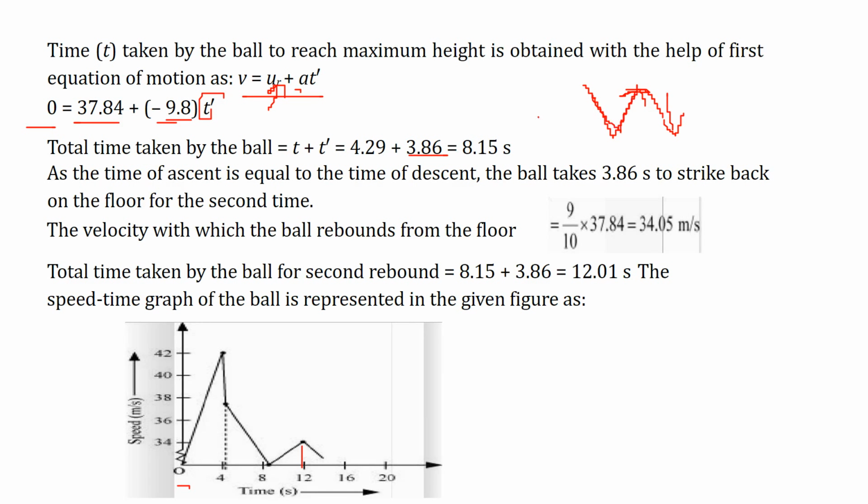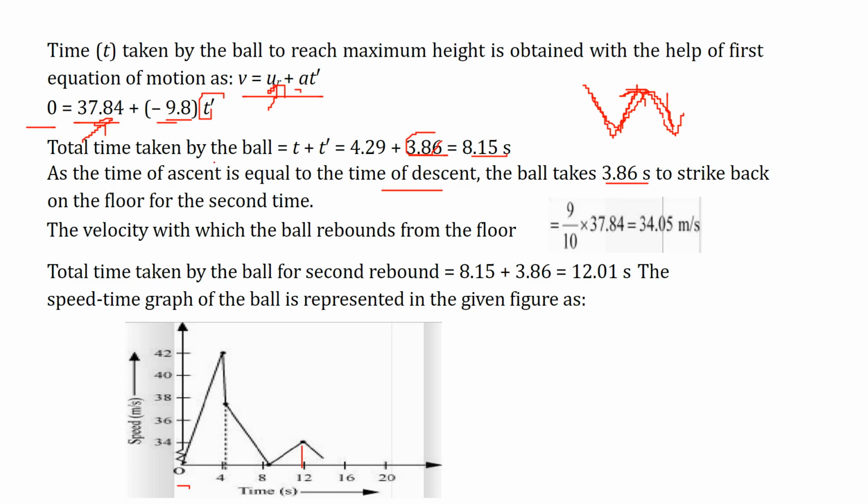So what will be this t plus t dash? It will be 8.15 seconds. The time of ascent is equal to the time of descent. So the ball takes 3.86 to go up and then it goes down. So 3.86 is again the time for the next striking of the floor. The velocity with which the ball rebounds from the floor, we have this speed now.